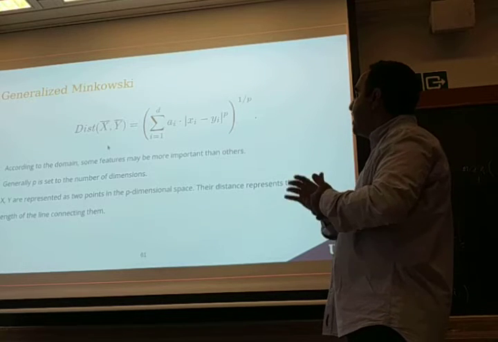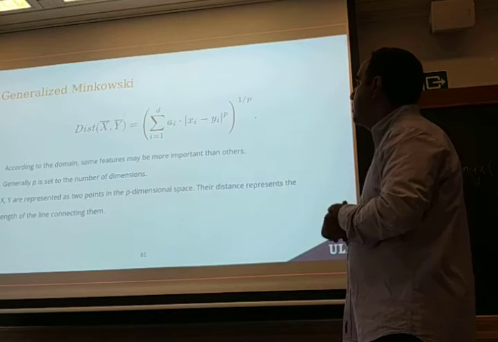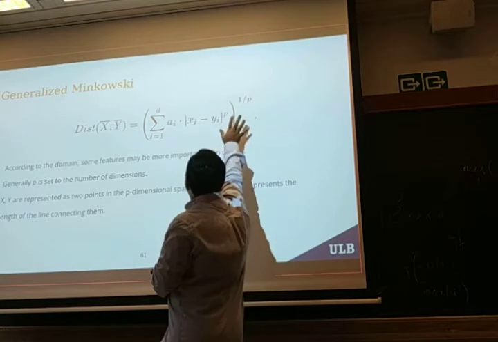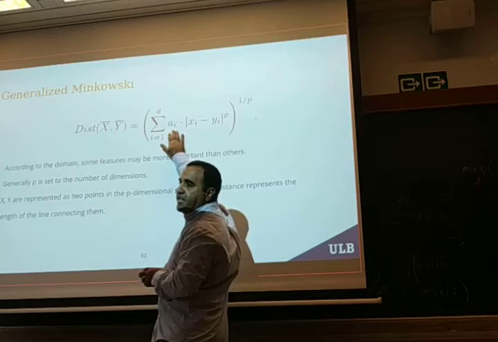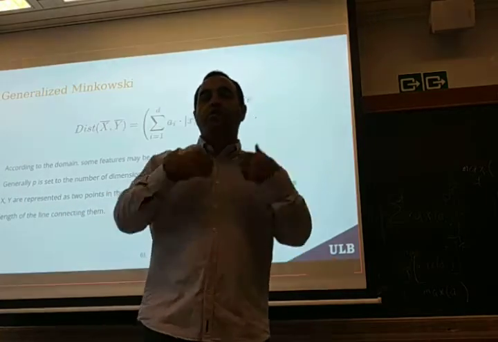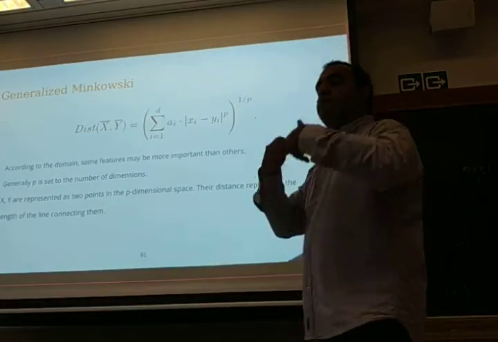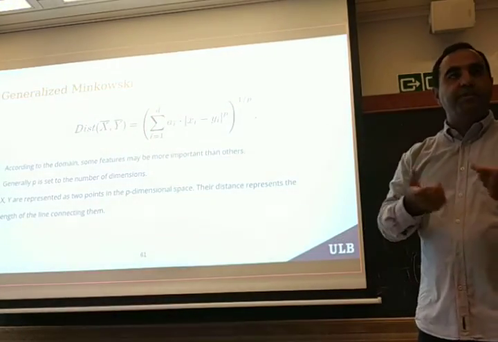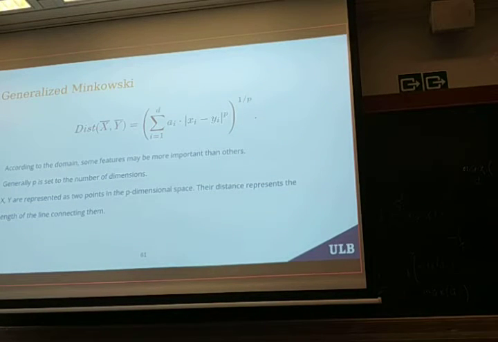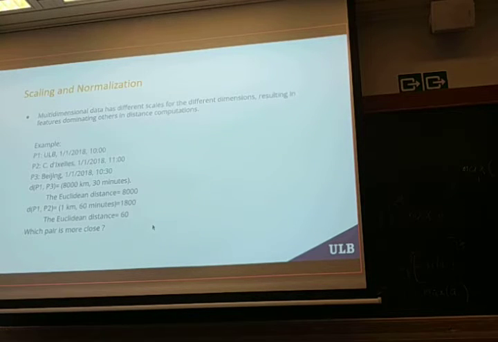And then there is a generalized form from the LP form called the generalized Minkowski, where we basically do the same, but we also add weights. Some components in the vector are more important for our applications than other components, then we can be weighting them. Yeah, so we already covered this.